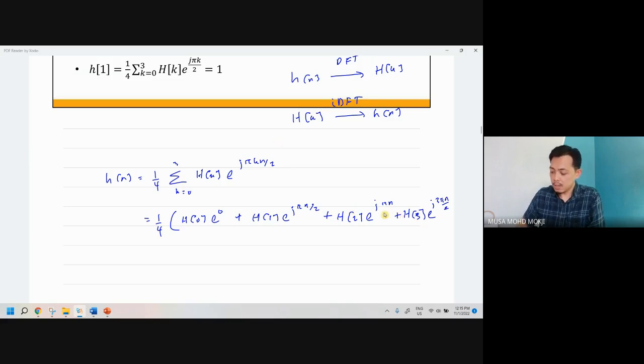Okay, so this is actually the long version after you expand. So you should get something like this, right?